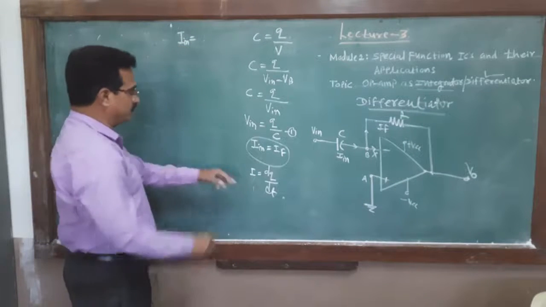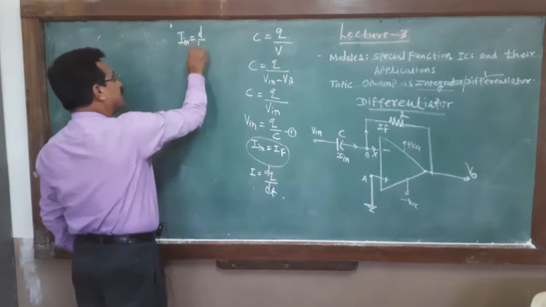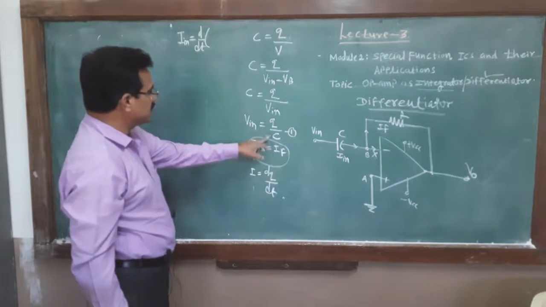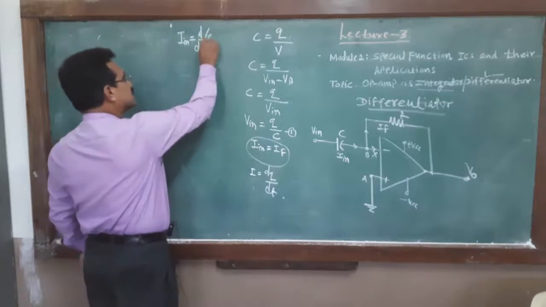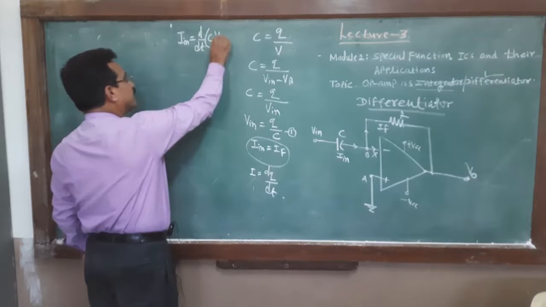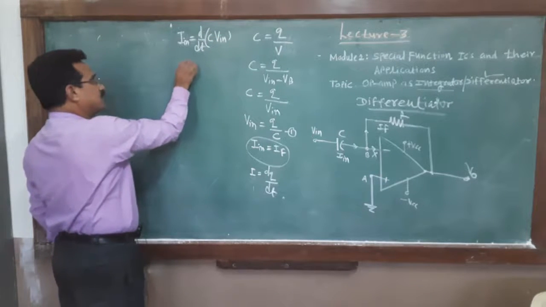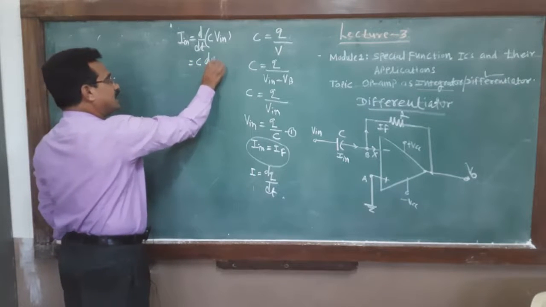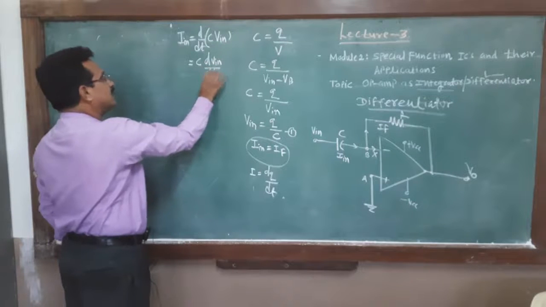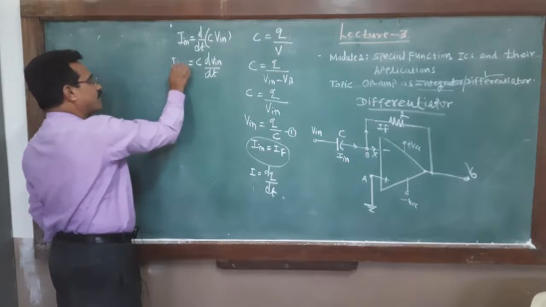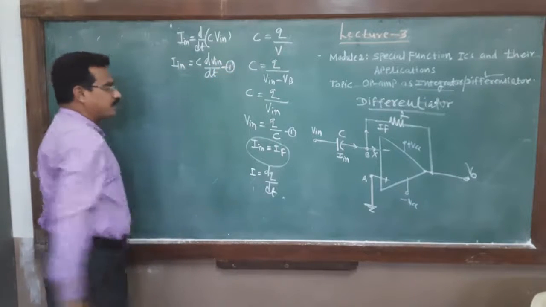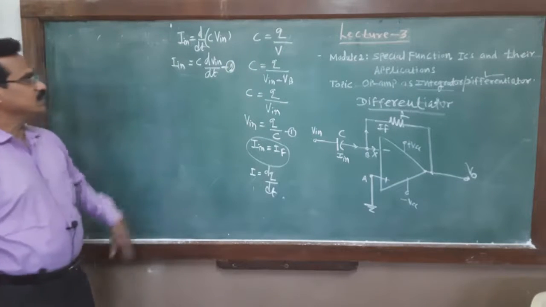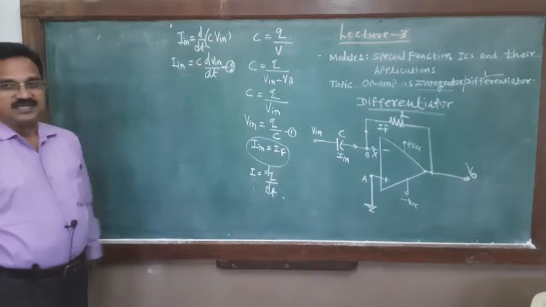Iin is equal to d by dt of q. The value of q is C into Vin. That must be equal to C dVin by dt. Call this equation second: Iin is equal to C dVin by dt.